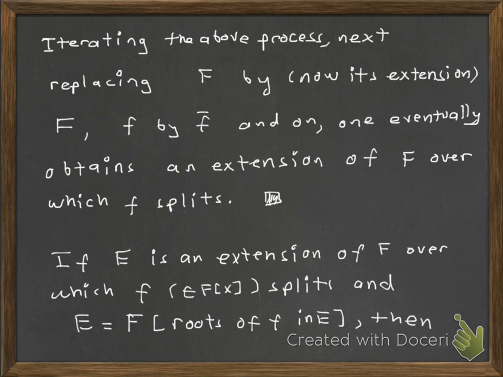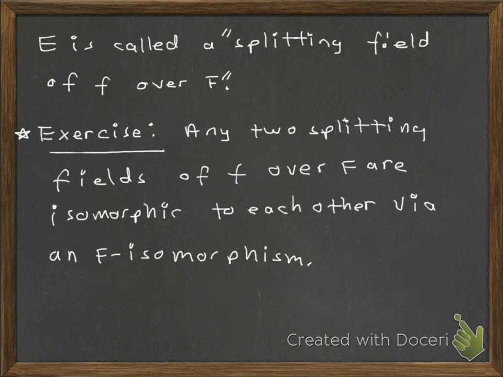Now we have a name for the minimal such extension, namely if E is an extension of capital F over which f splits, and E is generated by the field F and the roots of f in E, then it is called the splitting field of f over the base field F. Here's an important exercise we will be using without proof, and the proof of which we leave to the viewer.